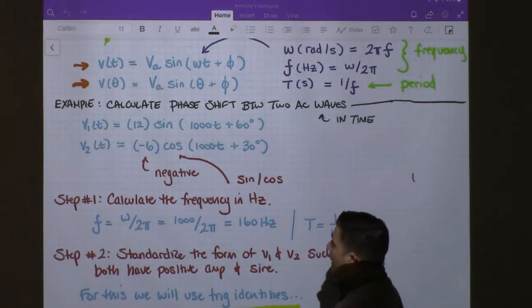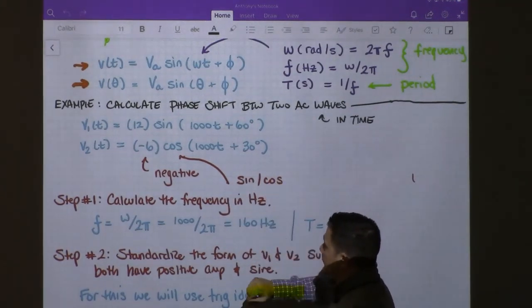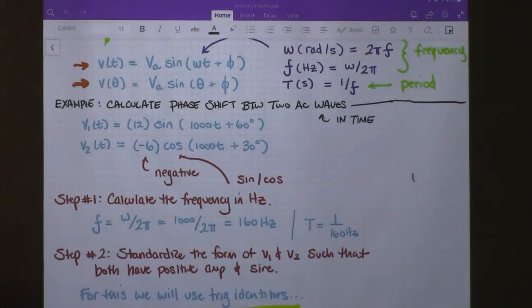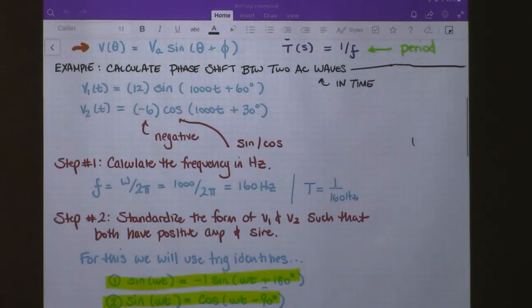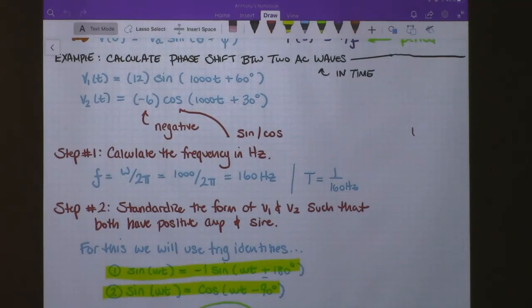Again, just to recap, one has a negative amplitude, one has a positive amplitude, one's a sine, one's a cosine. We're going to calculate the frequency in hertz, which I guess we did last time. And we end up with 2 pi f equal to 1,000, as shown here.